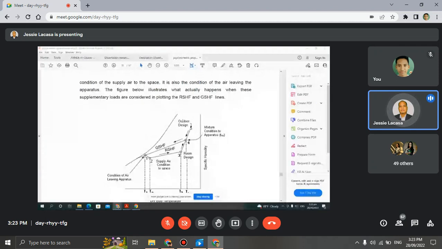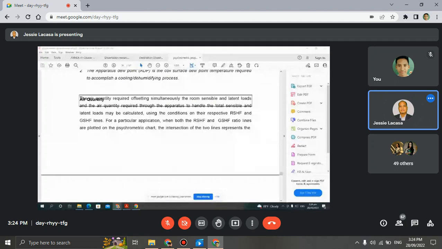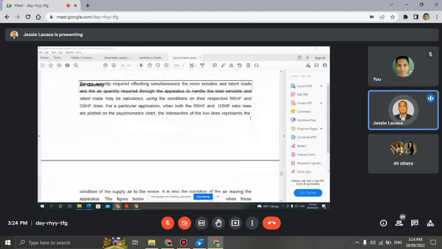Cooling load calculation. Okay, so let's continue. So I think we have ended yesterday on the air quantity, no? So the air quantity required. Pila ka CFM?